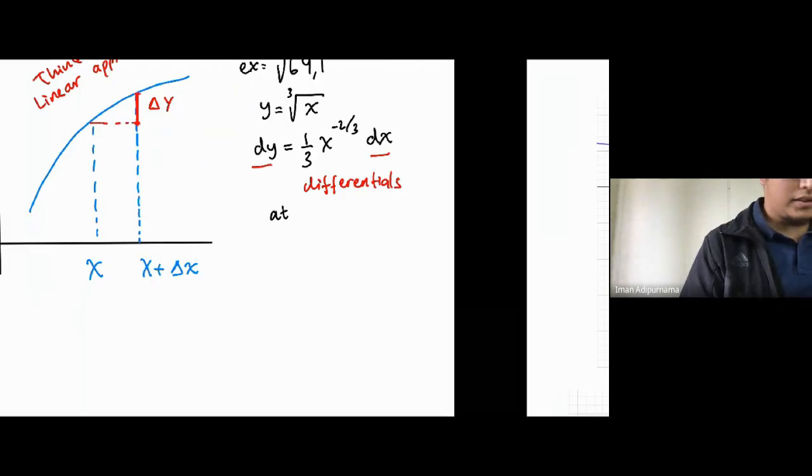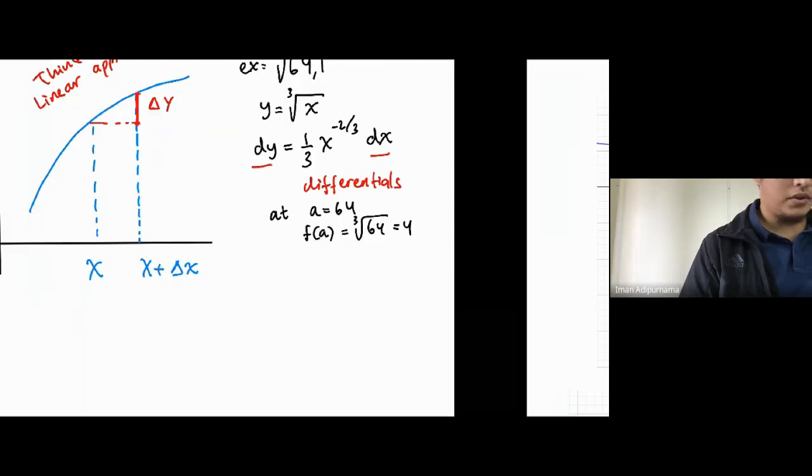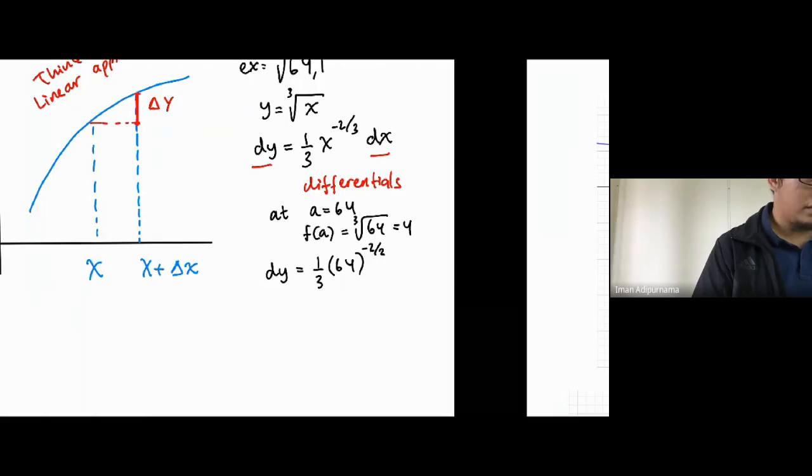So if we choose a equals 64, then our f(a) will be 4, right? And our dy will be 1/3 of 64 to the negative 2/3 dx.